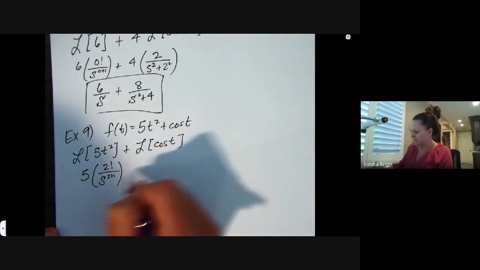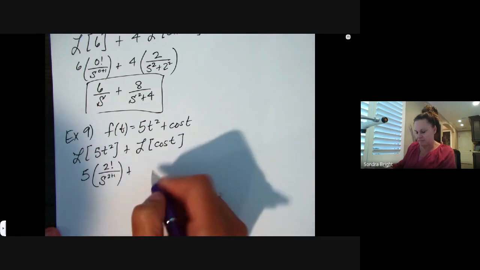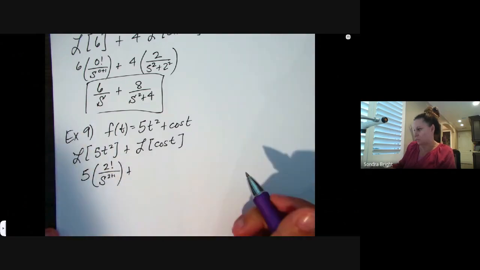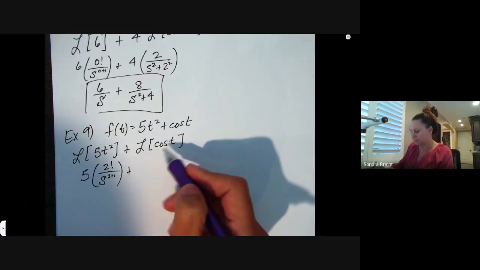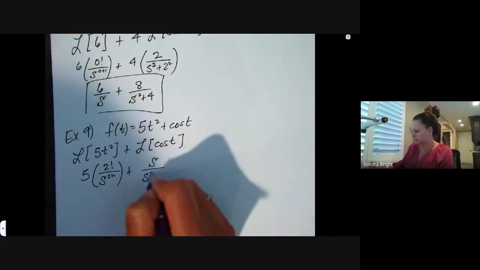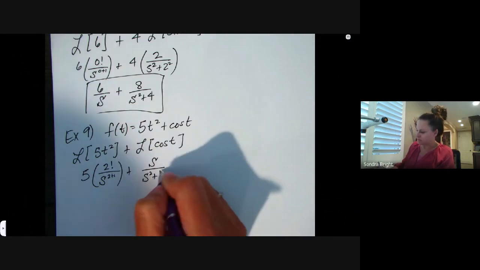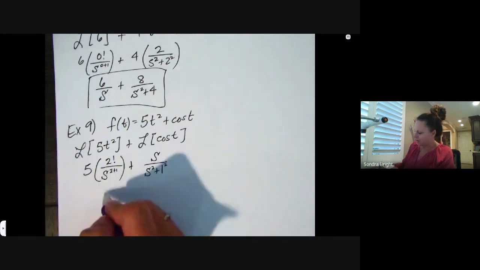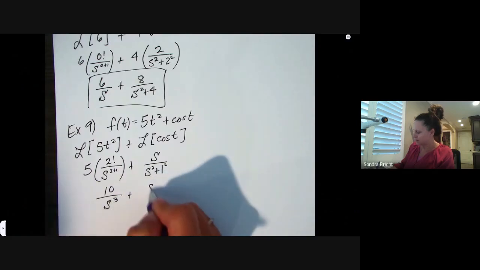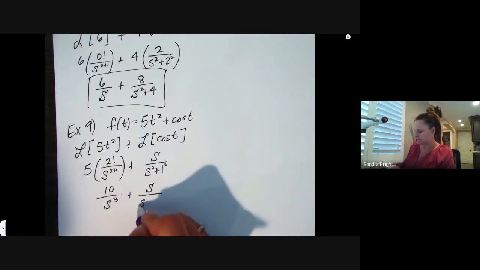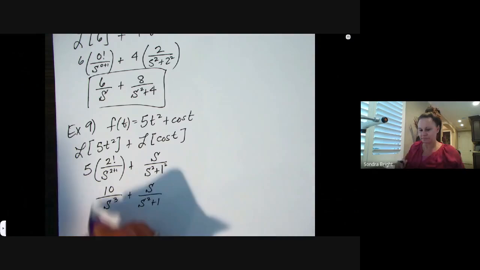And for this one, your a is 1, so it's s over s squared plus 1 squared. That ends up being 10 over s cubed plus s over s squared plus 1. There you go.